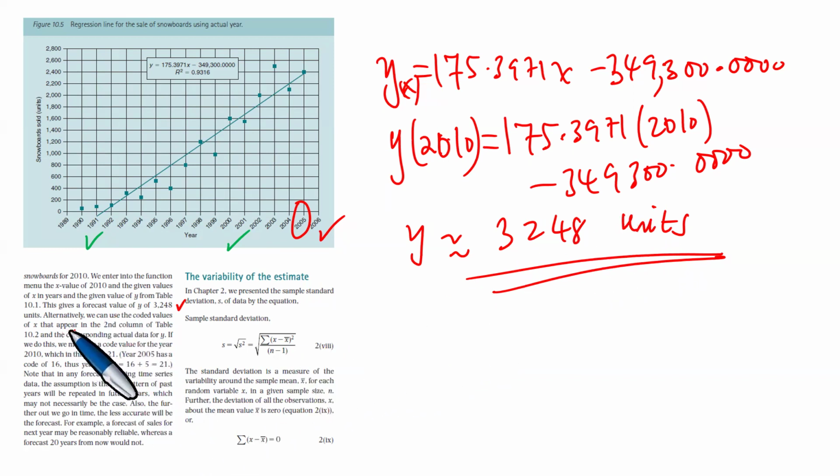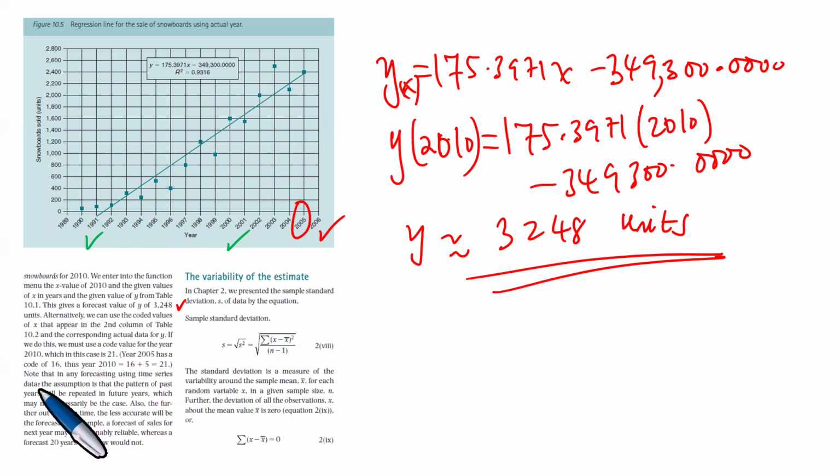This gives the forecast value. Alternatively, we can use the coded values of X that appear in the second column of table 10.2. Okay, you can use the coded ones if you don't want to use the original ones, and the corresponding actual data for Y. If we do this, we must use a code value of the year 2010, which is, in this case, 21.